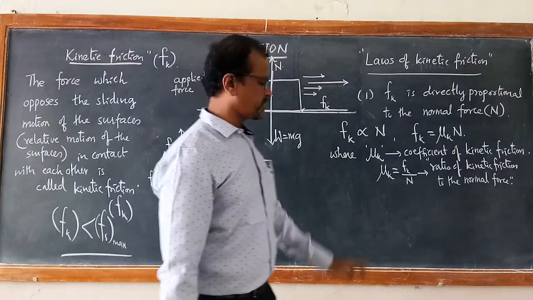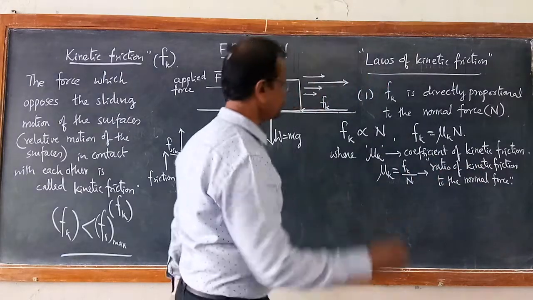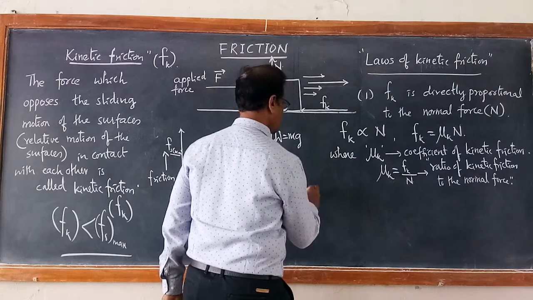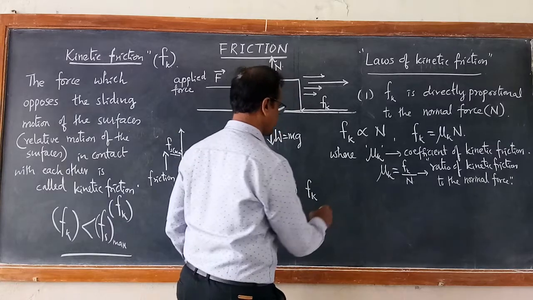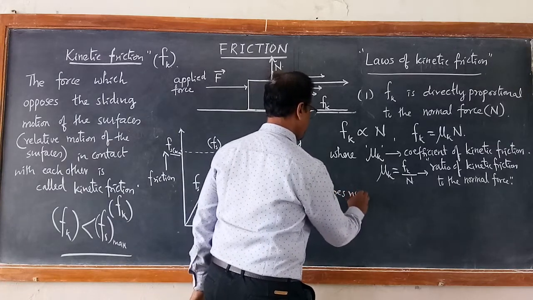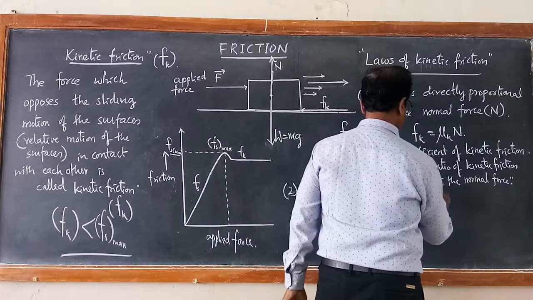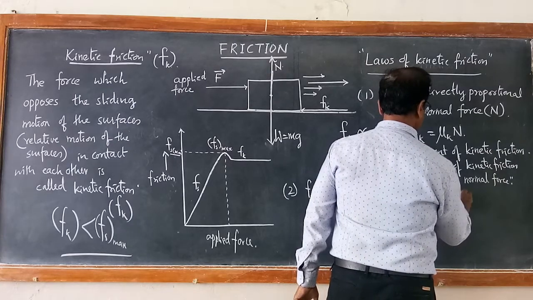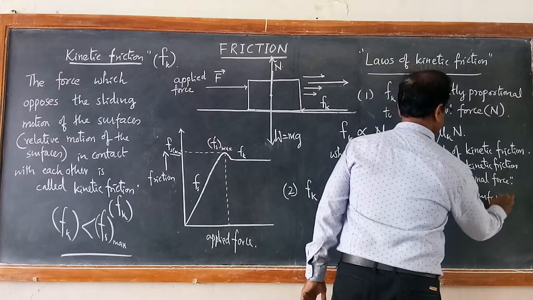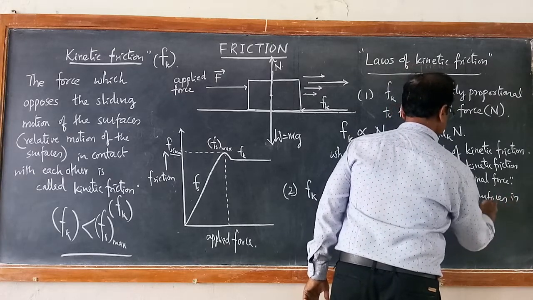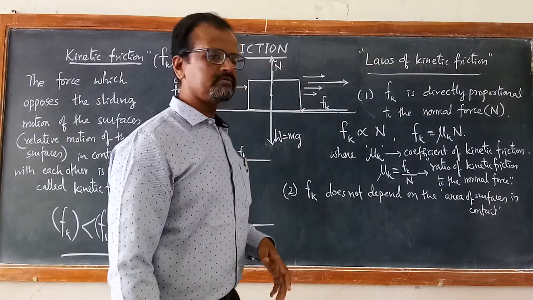Now again, this coefficient of kinetic friction does not depend on the area of surfaces. That is the second law. Kinetic friction does not depend on the area of surfaces in contact.